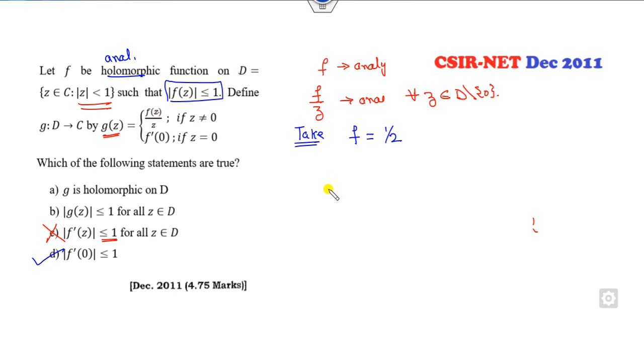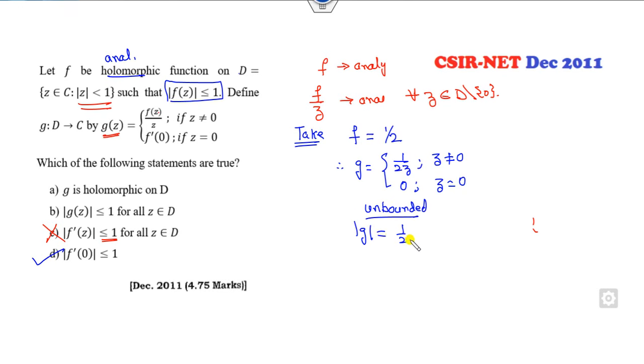If I simply choose this function, what is my g? It is 1 over 2z, and f' is 0 whenever z is non-zero. Now is it entire? Clearly this is my unbounded function. Why? Because if you take the modulus of g, it will be half over |z|. Now whenever |z| is less than 1, it should be greater than half. So it can never be less than 1 because it is an unbounded function.